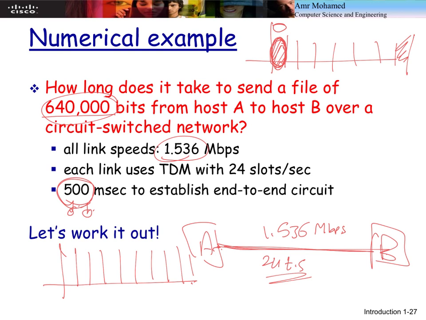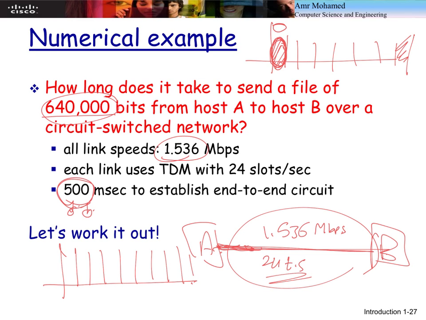Remember, there is a very important assumption here, which is we're neglecting the propagation time across the link. This transmission time is just for A to send all the 640,000 bits over the line. And we're neglecting the fact that these packets, when they are converted to signals, they propagate and have to spend an amount of time.